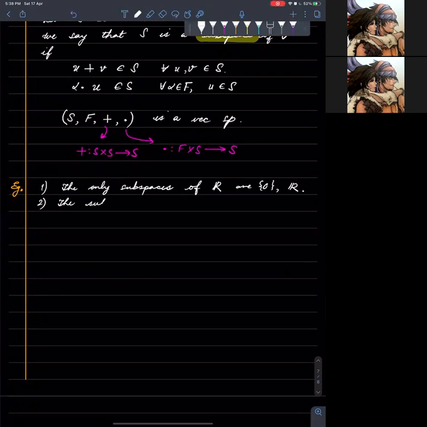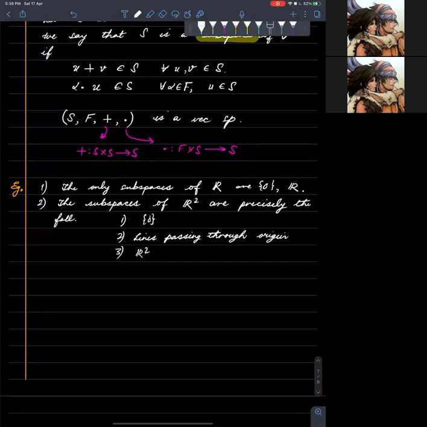The subspaces of R2 are precisely of three kinds, precisely the following. Either it's the trivial subspace, or it's lines passing through the origin, or it's the entire R2.